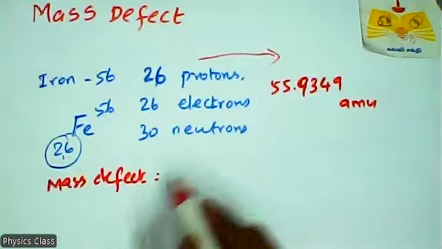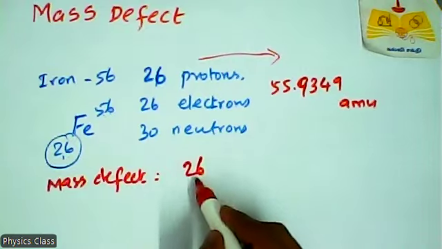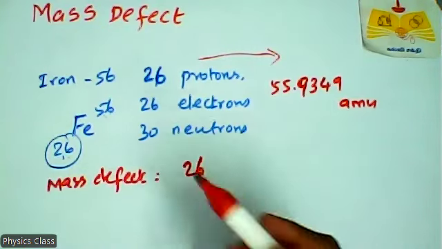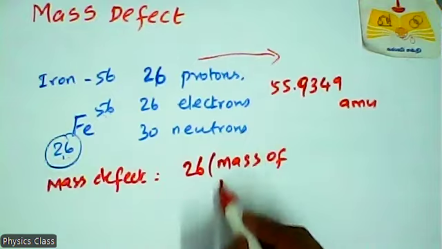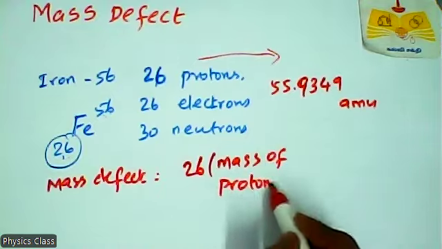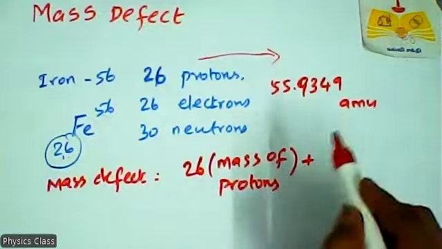Mass defect: the atomic number is 26, so 26 times the mass of a proton, plus N times Mn.